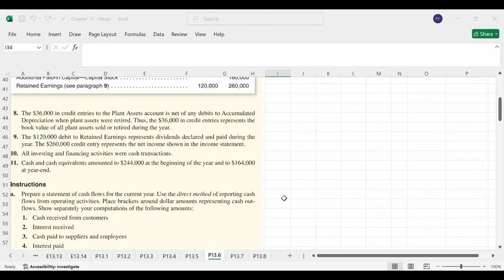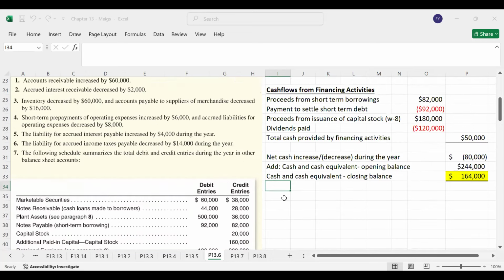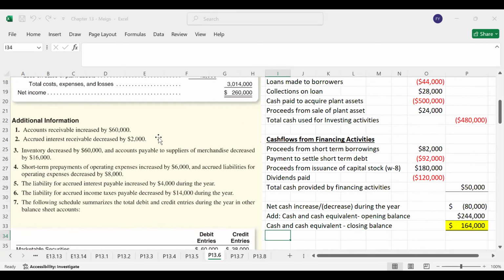We can see that accounts receivable increased by 60,000. To the extent that receivables increase, the company has not yet collected cash from the customers. Thus, if the growth in receivables had been limited to 10,000 instead of 60,000, the company would have collected an additional 50,000 from its customers.